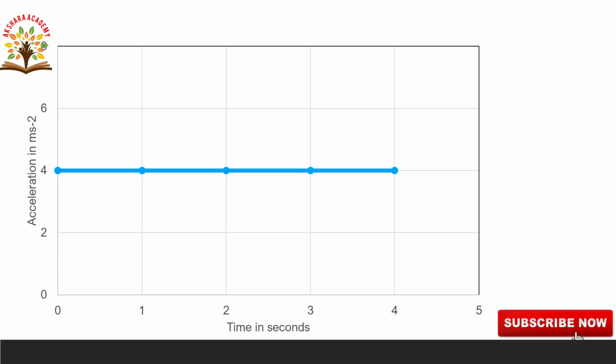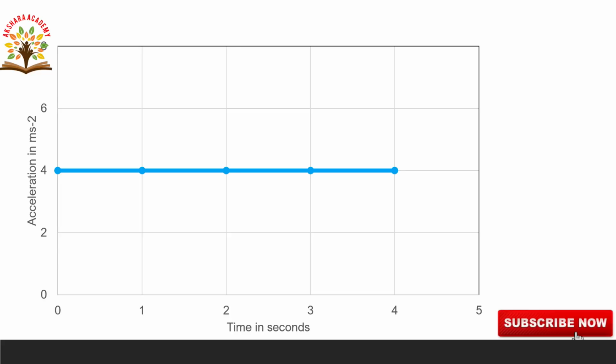Here for 0 seconds we start, and for 1 second a is equal to 4, for 2 seconds a is equal to 4, for t equal to 3 seconds a is equal to 4, and for t equal to 4 seconds a is also equal to 4 meter per second square. From this graph, it is clear that acceleration does not change. The acceleration is the same. Therefore the body is moving with uniform acceleration and variable velocity.